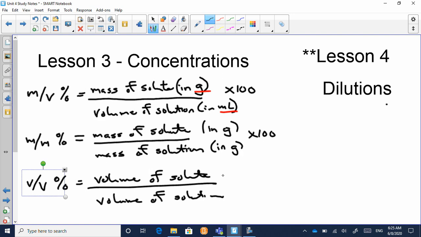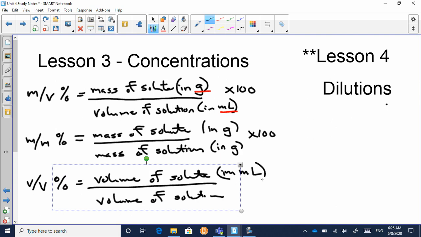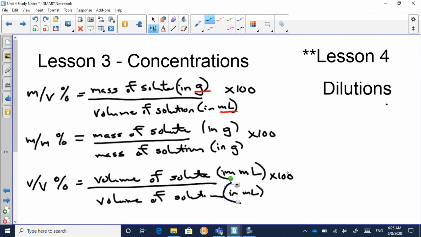This one was in milliliters, and this one was in milliliters. And then times 100. So notice how those 3 look very similar. Mass volume percent, mass percent, volume percent. And just remember, here we're always using grams or milliliters.